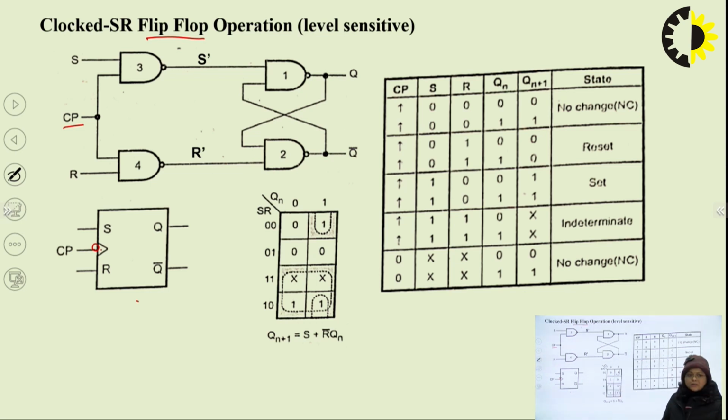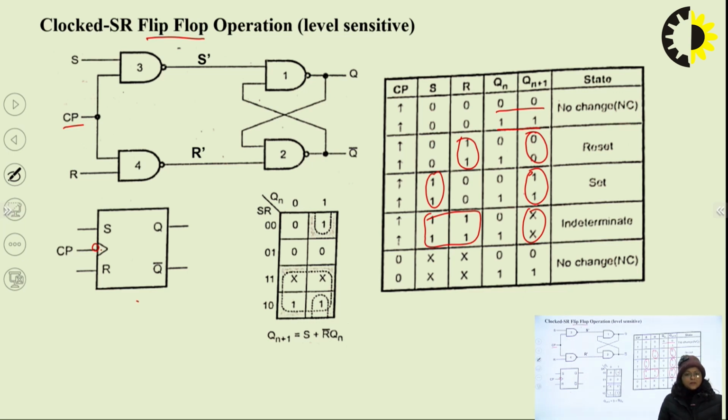All other things remain the same, that is, we use again the NAND S bar R bar 1-bit memory cell, and 2 NAND gates to provide 2 inputs. Same working: for 0 0, there is no change, that is, previous state becomes next state. When reset is 1, output becomes 0. If set is 1, output is 1, and for 1 1, output is indeterminate. So the working remains exactly the same.